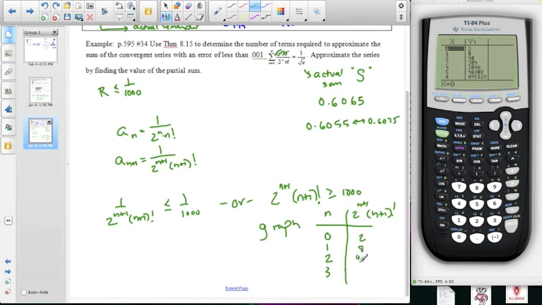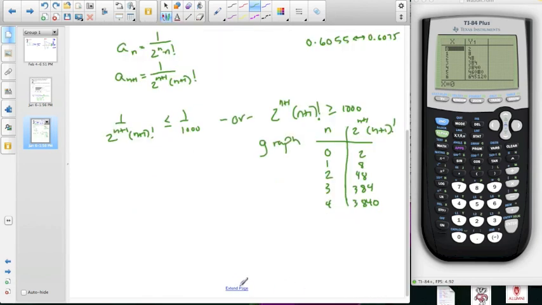At 2, we're up at 48. I'm just reading off the table now. At 3, we're at 384. At 4, we're at 3,840. And so we found that point where the denominator starts to be bigger than 1,000.